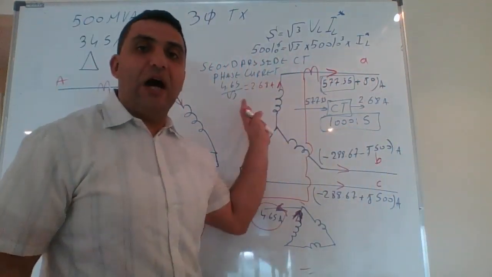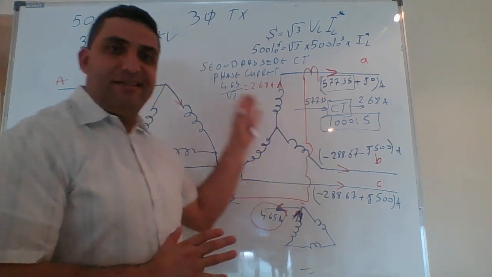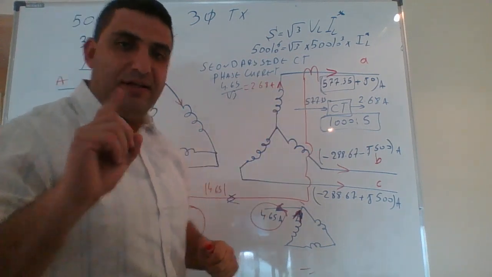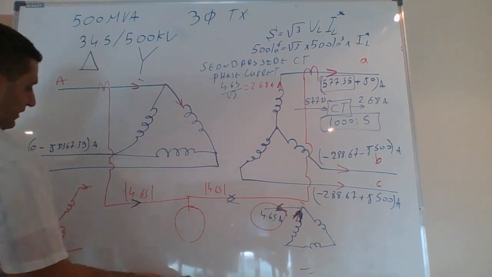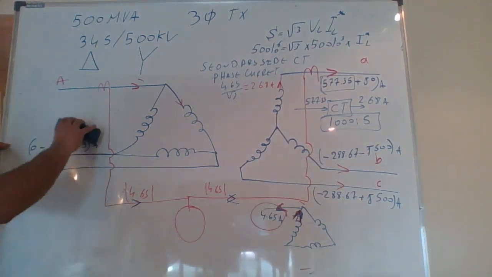Now, one more element before we finish. I want to show you how we connect the CTs under this condition. Bear with me a moment. I need now to delete all this to give room.